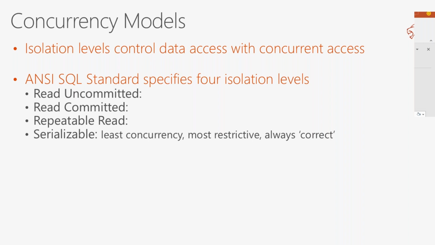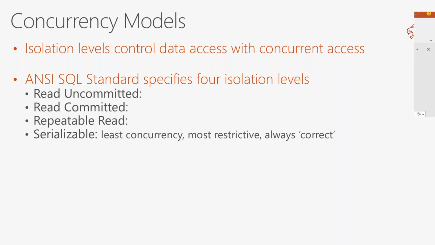That means somebody else can come and modify that data. In repeatable read mode, if I'm reading it, I'm going to take a lock for the duration of my transaction. That means if I read the query again in my transaction, it will still be the same. That means anybody who wants to change that value will block, because I'm holding a share lock. So that is a repeatable read.